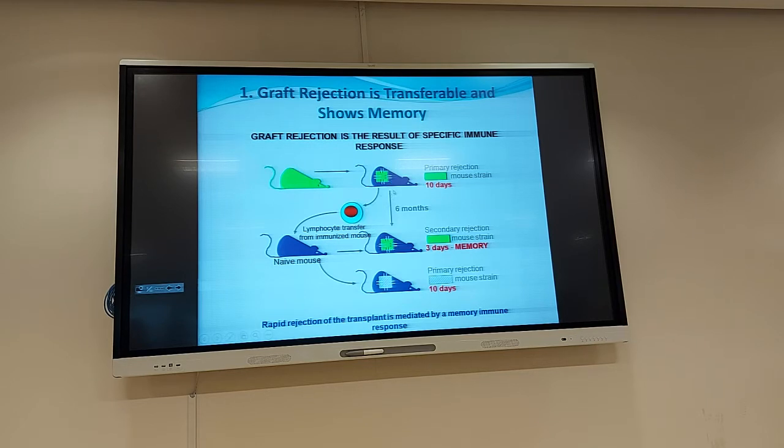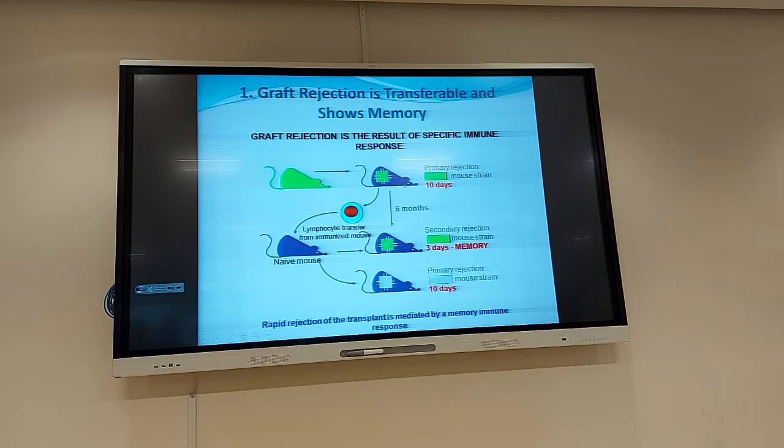If they then took lymphocytes or blood from this mouse that had rejected that green skin and injected those blood cells into another purple mouse, and then did the same experiment where they transplanted green skin onto this immunized mouse, instead of getting rejection after 10 days, you get rejection after 3 days.